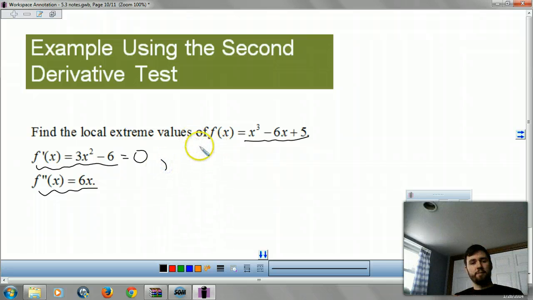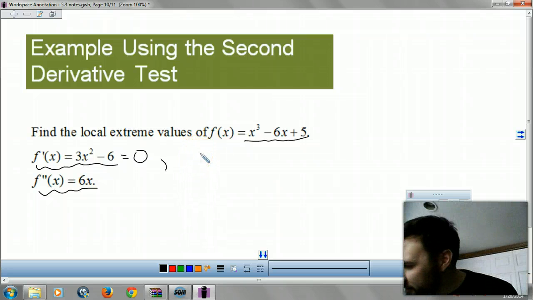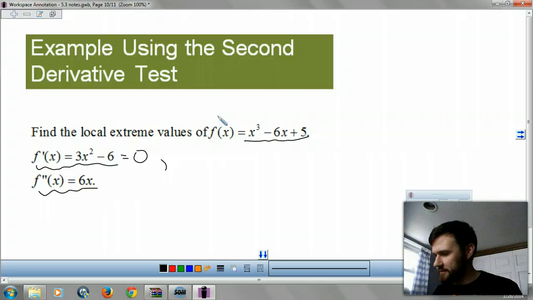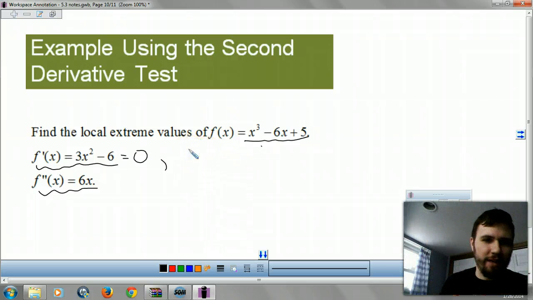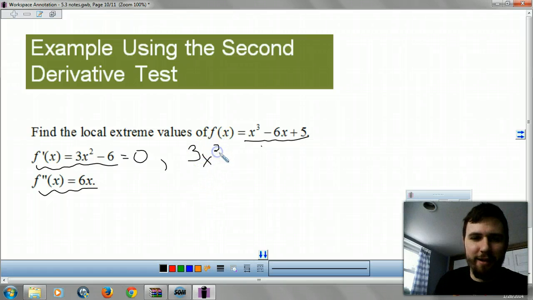So when I do this, I get 3x squared equals 6.